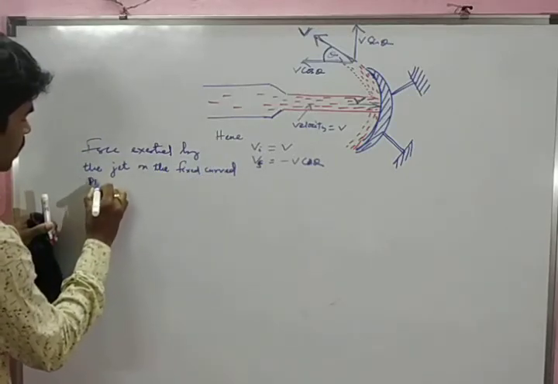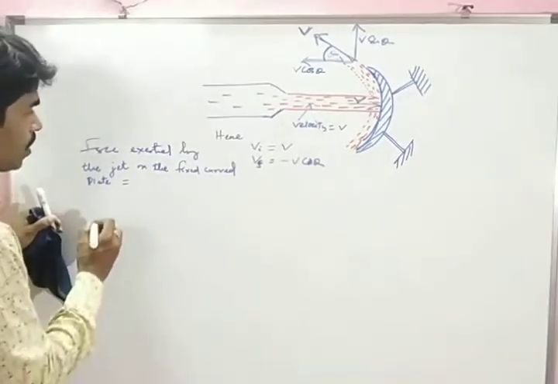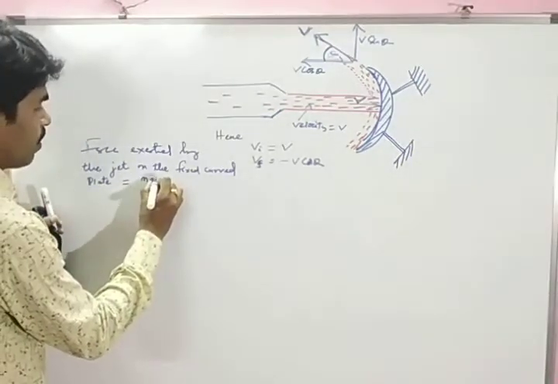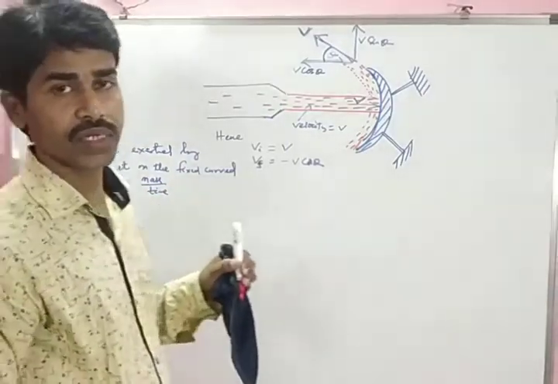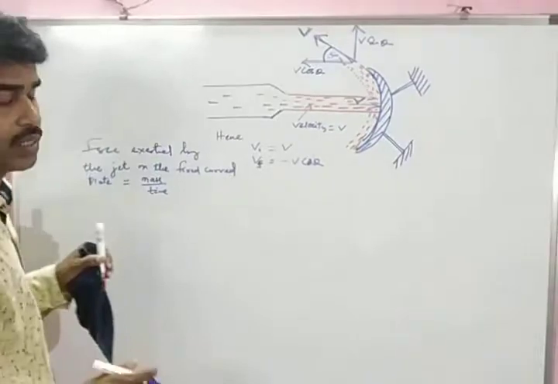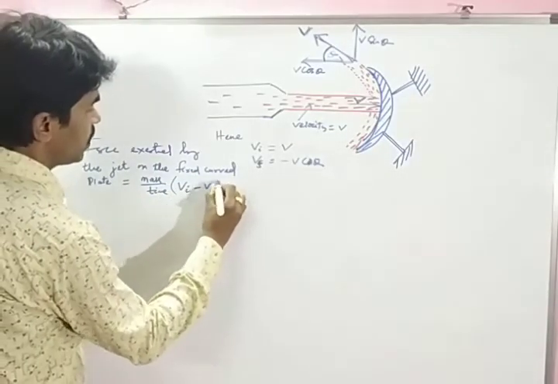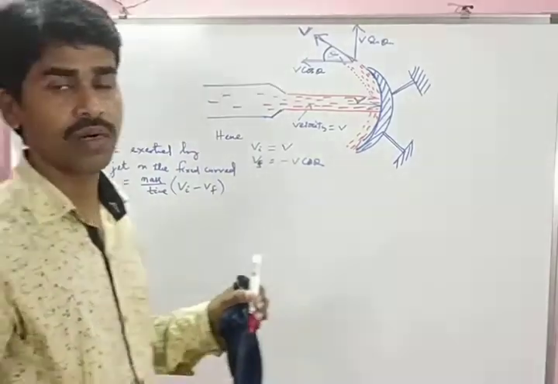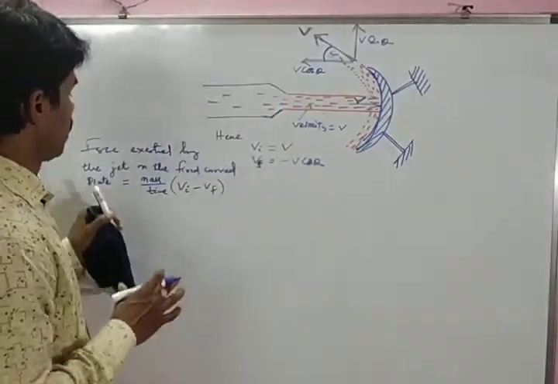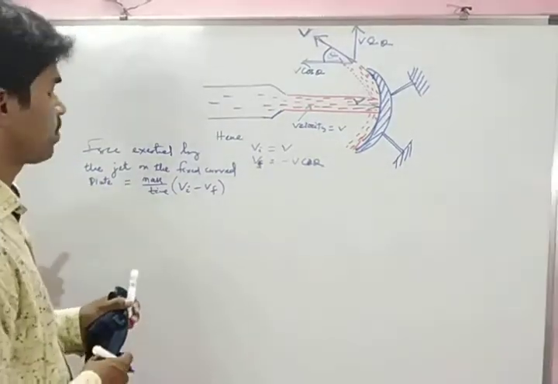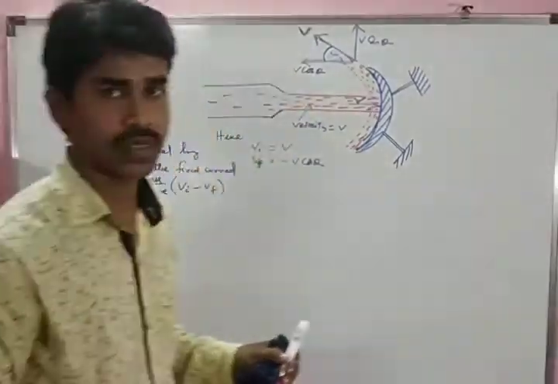Using Newton's second law of motion, this is equal to mass by time into initial velocity minus final velocity, vi minus vf. This Newton's second law is used to find out the force exerted.